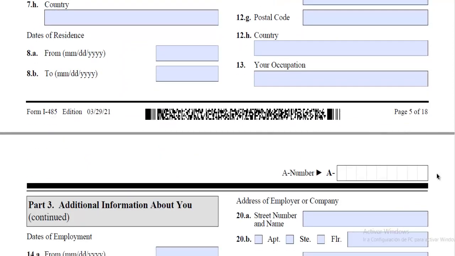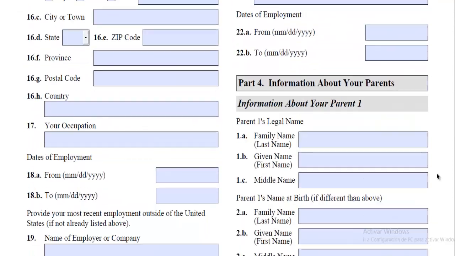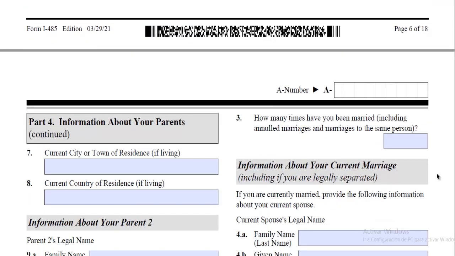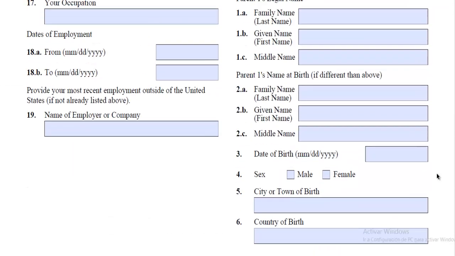Part 4, information about your parents. So let's go to Part 4. This asks for basic information again, for background check purposes. So you will enter in this Part 4, Parent 1.